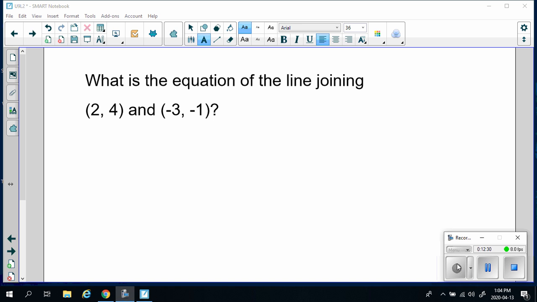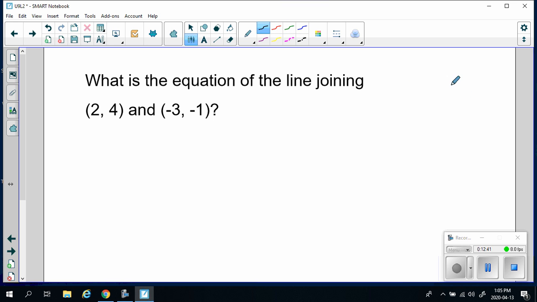Before I end this video, I want to talk about one more kind of example, which is writing the equation of a line that joins 2 points. Can you write that in y equals mx plus b format? So now some students might tackle this problem by saying, well, maybe I can draw a picture, 2, comma 4, and -3, comma 1, and maybe I can figure out the slope from there and the y-intercept.